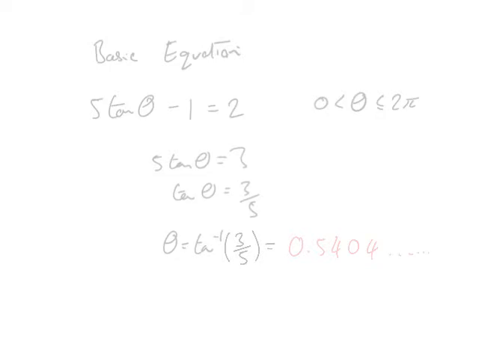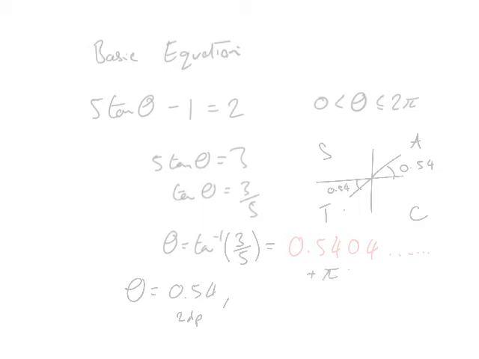We need to use the cast diagram or the drawing of curves, in this case the tan curve, to locate any extra solutions. So those are our two positive values of tan in the cast diagram. 0.54 fits nicely into the first quarter, and we need to add 0.54 to pi, because we're not adding it to 180, we're adding it to pi.